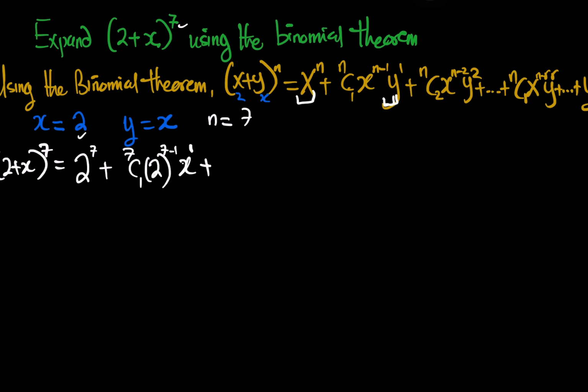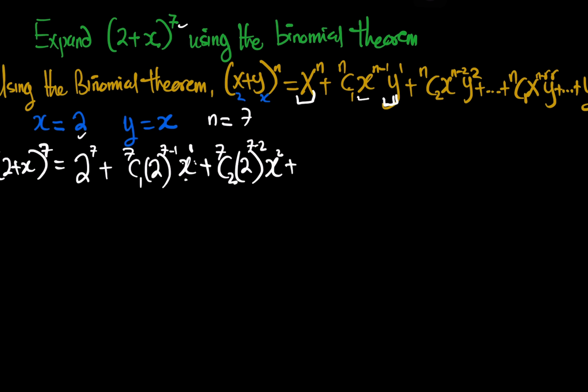Plus, the next one is going to be n, which is 7, combination 2. And then we're going to have x, which is 2 to the power 7 minus 2, and y, which is x to the power 2, in that order. So this is our x, and this is our y. Okay, so that's good.